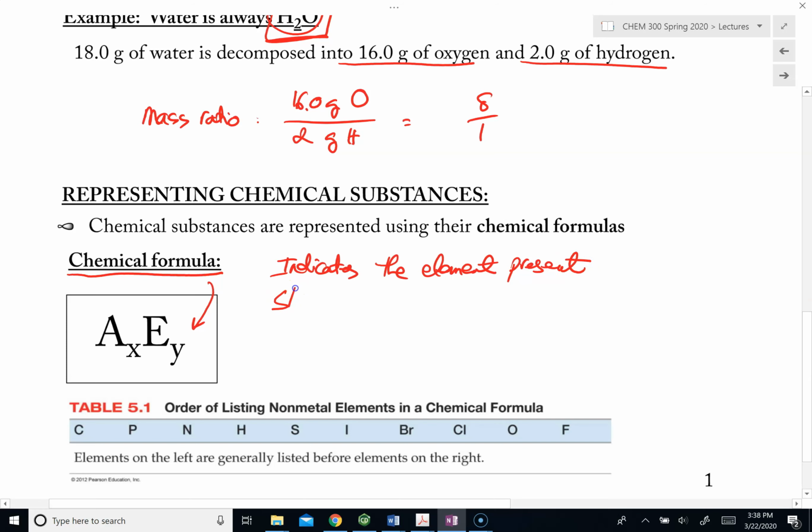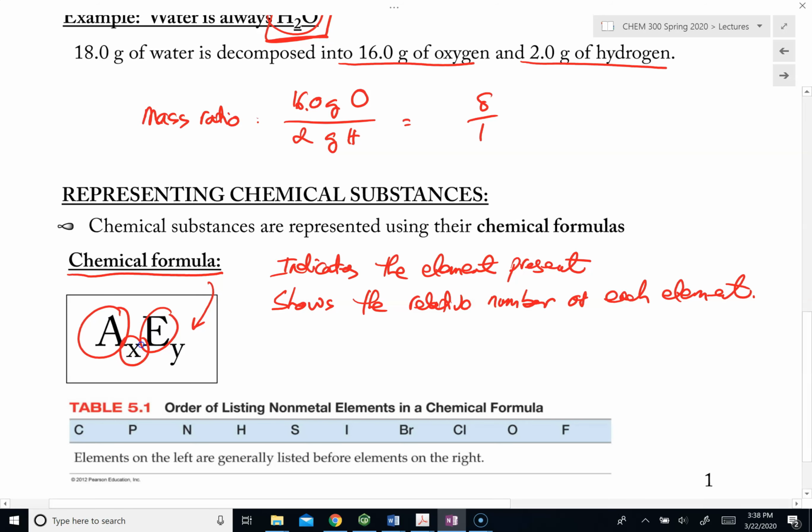And second, it shows the relative number of each element. In this example below, the A and E refer to the elements A and E that make up the chemical substance, and X and Y show the relative numbers of each of the atoms that are present. These are the subscripts that show the amount of element A and element E present in the chemical formula.